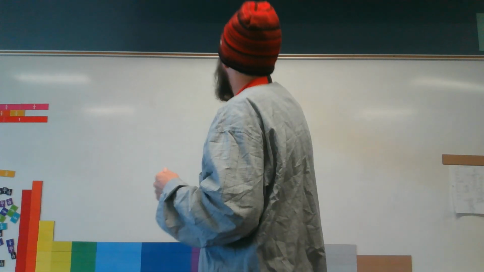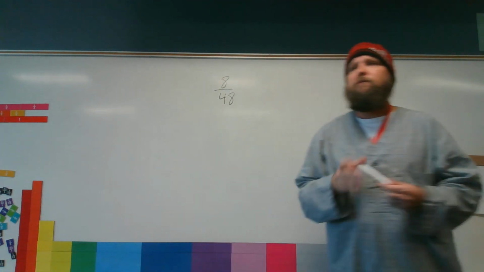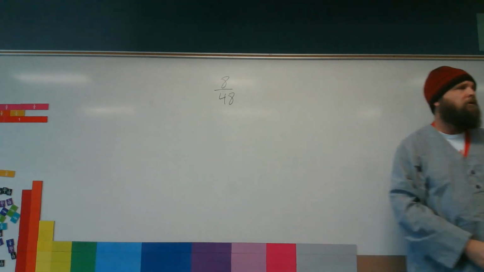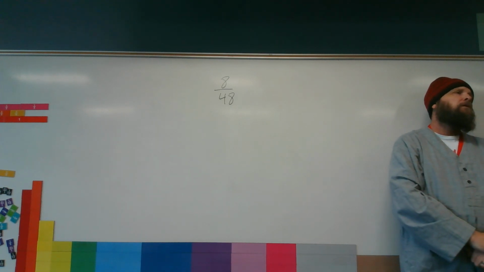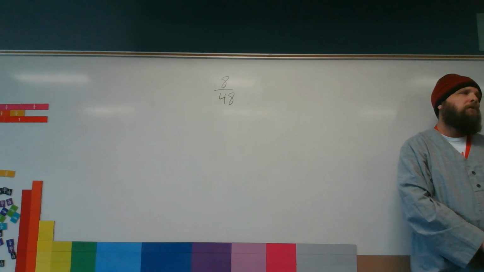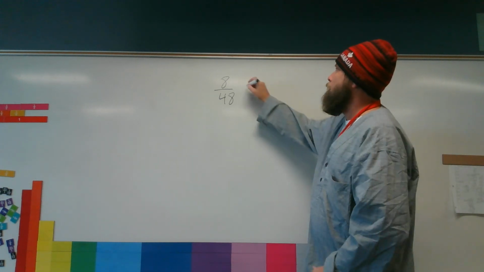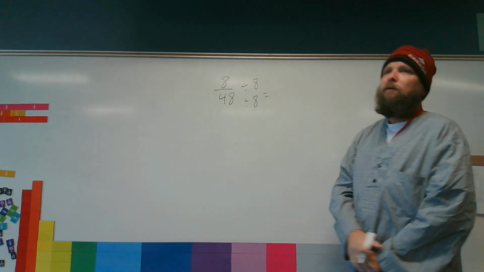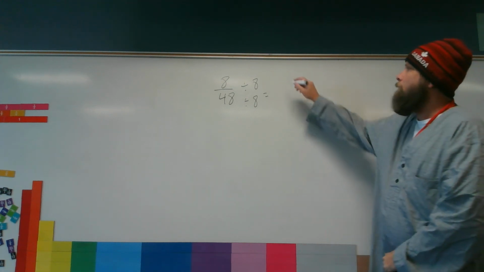And then we have 8/48. Let's go Hunter. Does 8 go into 48 evenly? Yes, it does. 8 does go into 48 evenly, so that means my greatest common factor is going to be 8. And Honeyleth, what is 8 divided by 8? 1.